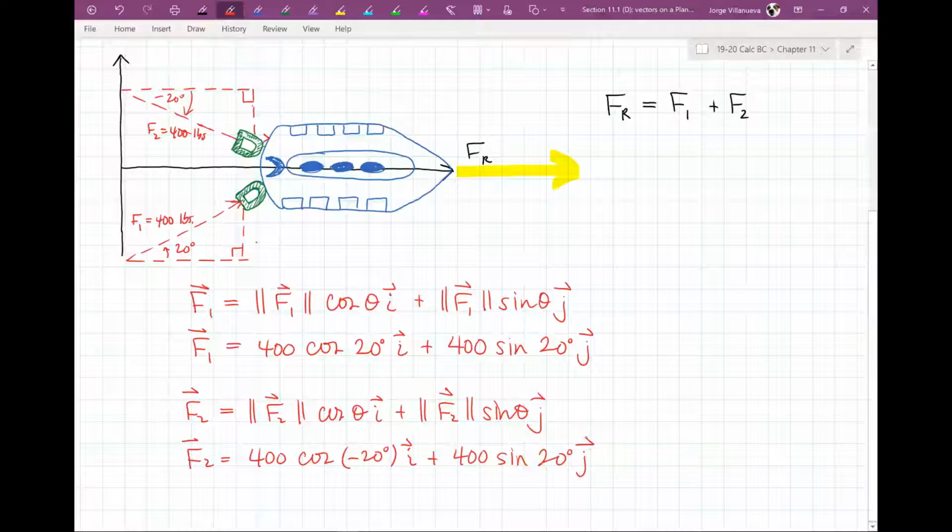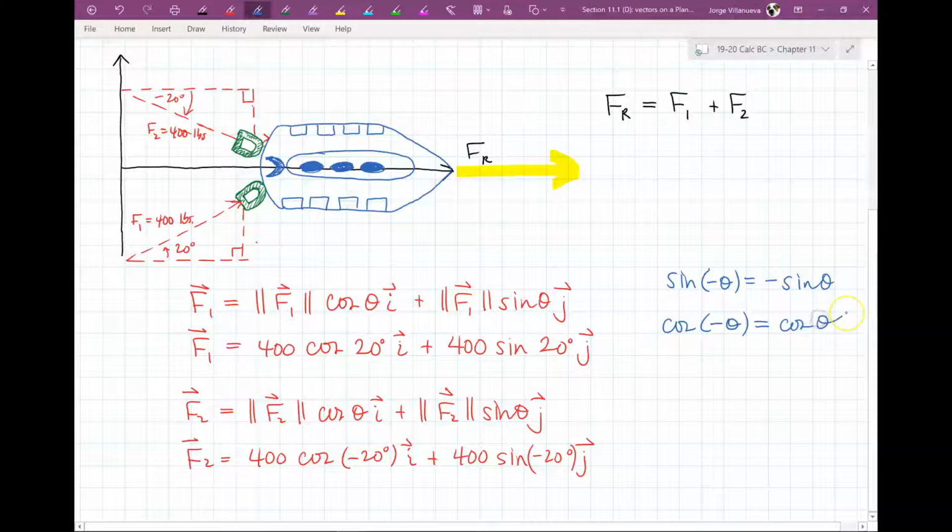If you guys remember, there are identities that deal with sines and cosines of positive and negative angles. Sine of negative theta is the same as negative sine of theta, and cosine of negative theta is the same as cosine of theta. Those are identities from trig.